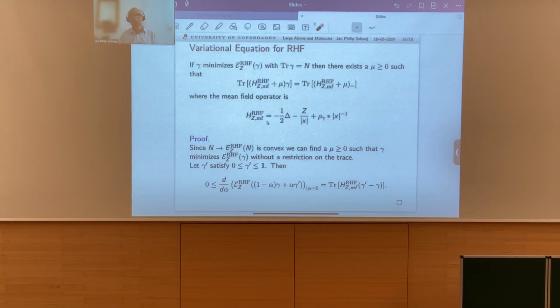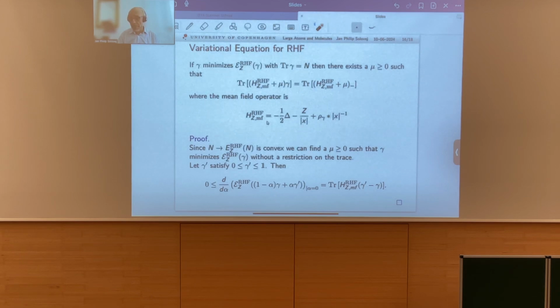Actually, not all the others, also the electron itself, because here I'm counting self-interaction. What I'm saying is that if gamma is a minimizer for this, then gamma is a self-consistent gamma that minimizes this expression, meaning that it actually gives you the sum of the negative eigenvalues of the mean field operator when you add a plus mu to it.